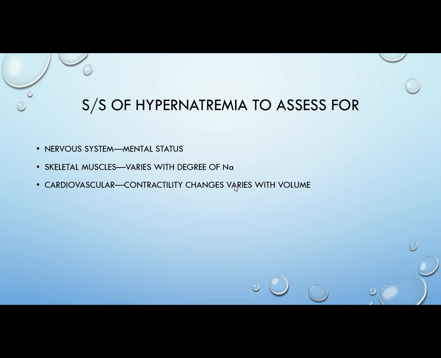With severe or late stages of hypernatremia, you are going to have deep tendon reflexes that are reduced or absent completely. The muscle weakness is going to be bilateral with no specific pattern. You're going to watch the muscles for twitching. You need to assess strength and grip, and also assess their deep tendon reflexes.